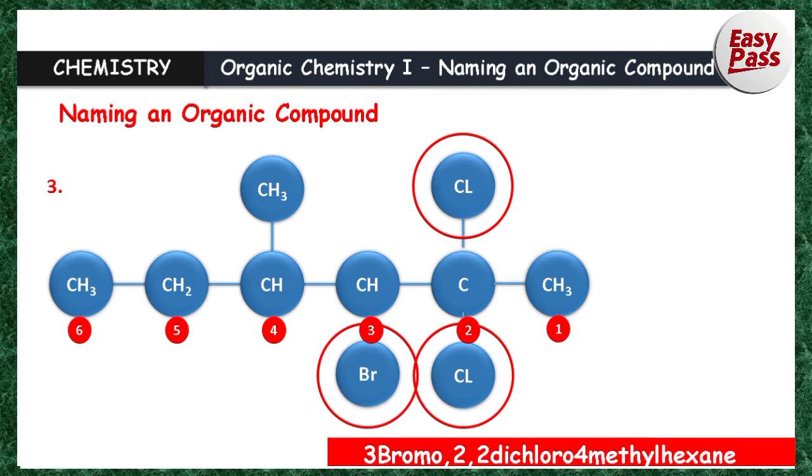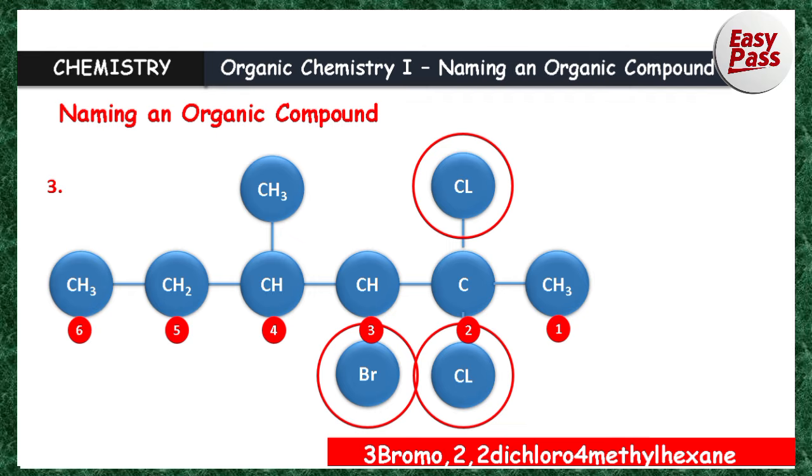We have 1, 2, 3, 4, 5, 6, because it is the right hand carbon atom that those radicals are closer to. In your alphabet, B comes before what? C. You have to start the numbering from B, which is what? Bromo. We have a carbon 3, 1, 2, 3. We have 3-bromo, comma. At carbon 2, we have what? A chlorine atom.